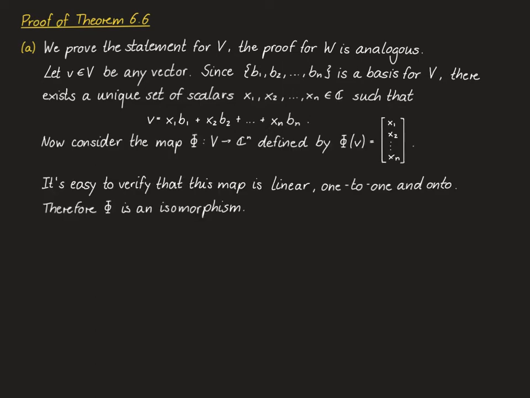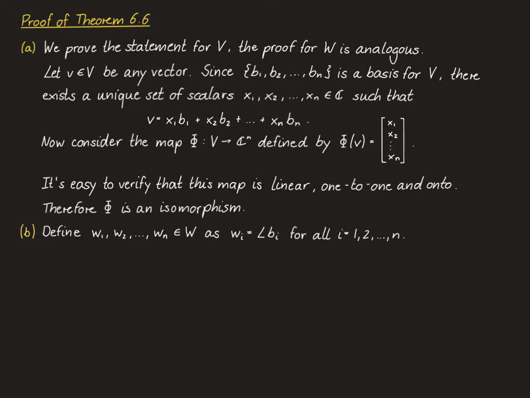Now consider the map phi that maps from V into C^n and which is defined by phi of v equals the vector of the scalars that multiply the basis vectors b1 through bn. It's easy to verify that this map is in fact linear, one-to-one and onto, and therefore phi is the desired isomorphism.